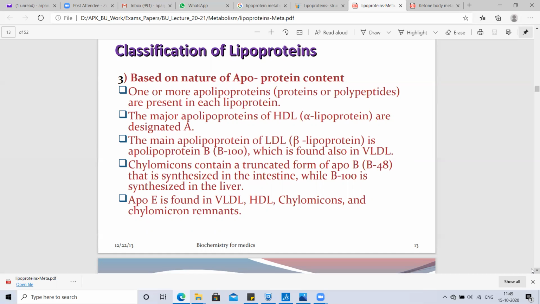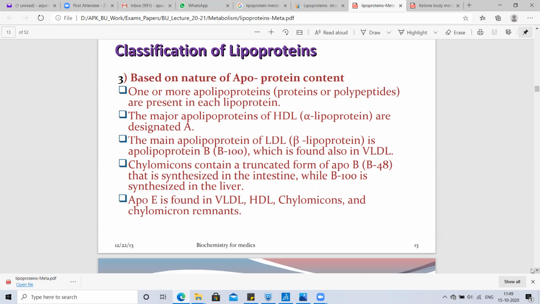Chylomicron contains a truncated form of ApoB. Truncated means it is half of the original size, so it is known as B48, and that is synthesized in the intestine, while B100 is synthesized in the liver. B100 is present in LDL, which is synthesized in the liver, but B48 is synthesized in the intestine.